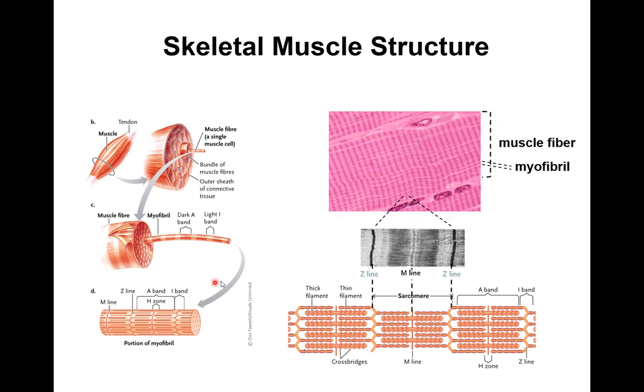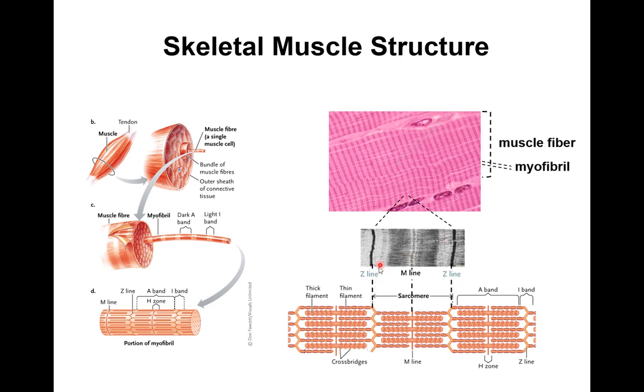Within the myofibrils, you identify the sarcomere, the unit of contraction in skeletal muscles, which is found between two Z lines. Z lines are the points where opposite thin filaments are joined together.